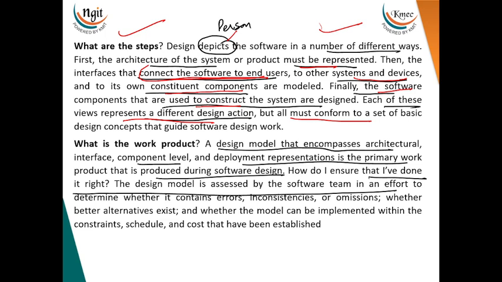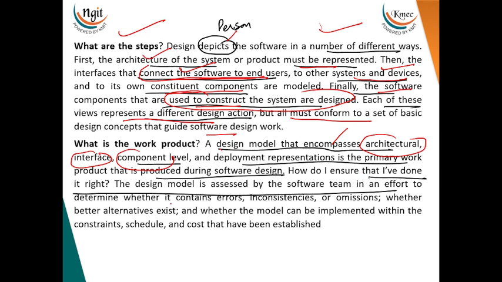If tests are conducted, based on that it is shown to you. The work product is a design model that encompasses architecture, interface, component level, and deployment. What is it? Architecture, then connection, system and device connection, component level, all these are coming. Development, the primary work of the product. So when you combine all this, we get how the software is designed.